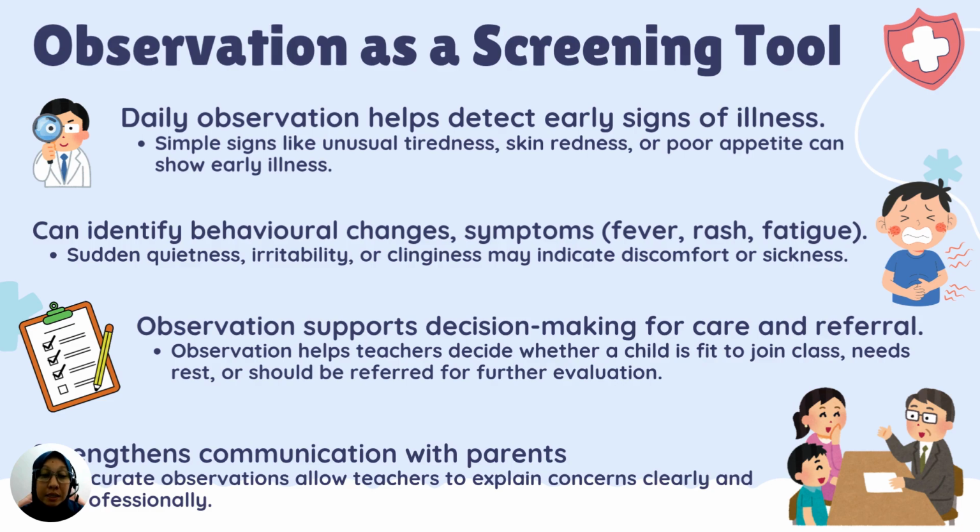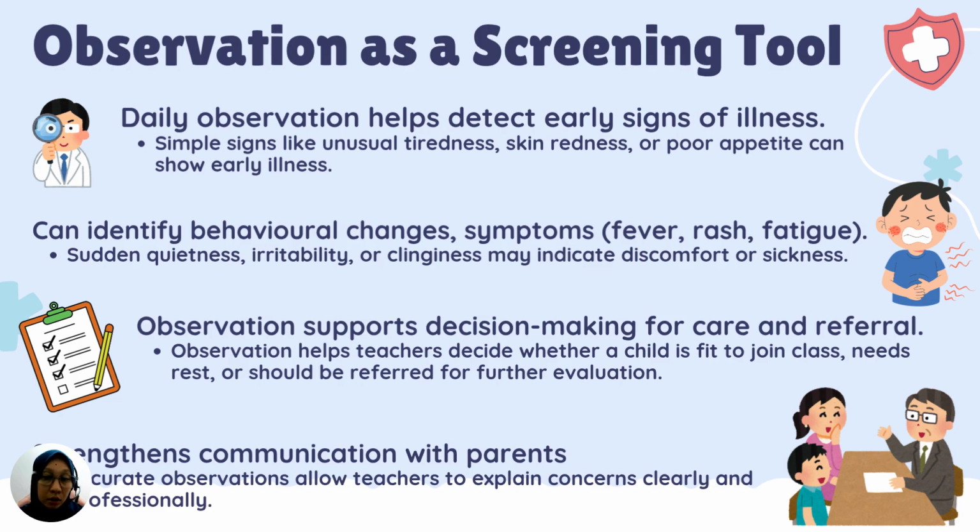It's our first line of defense in spotting early signs of illness. Simple indicators such as unusual tiredness, skin redness, or a noticeable drop in appetite, all of these can hint at an early stage of illness.